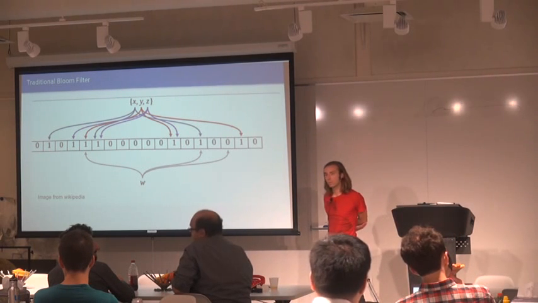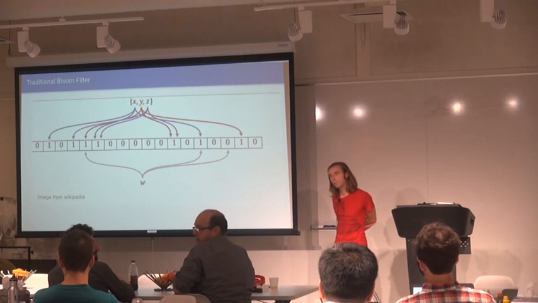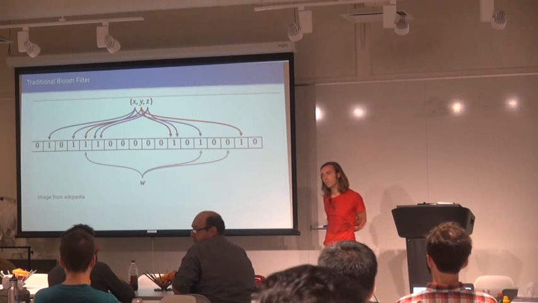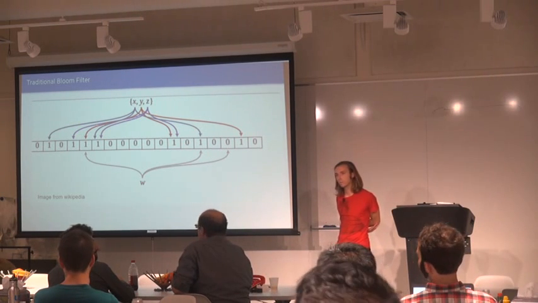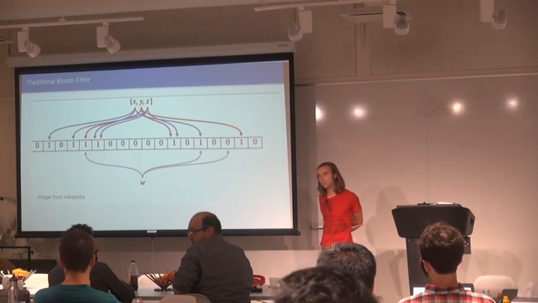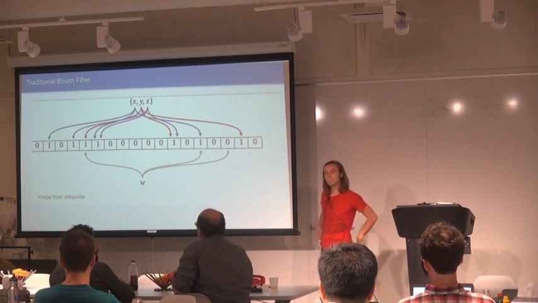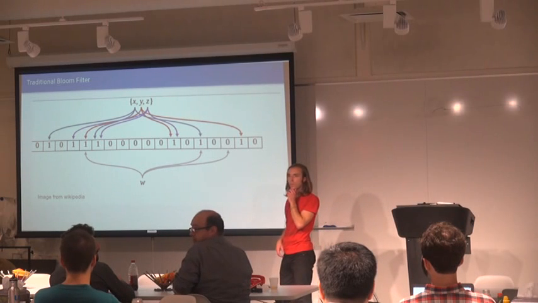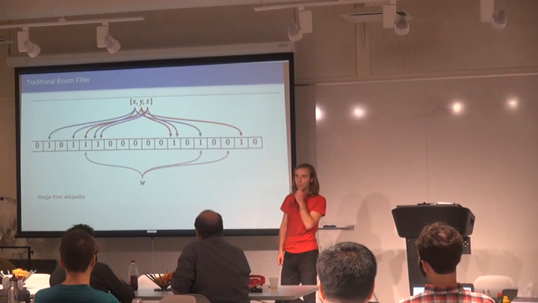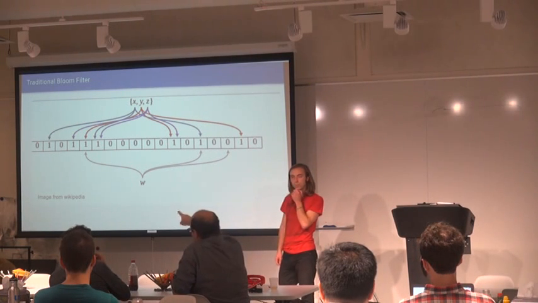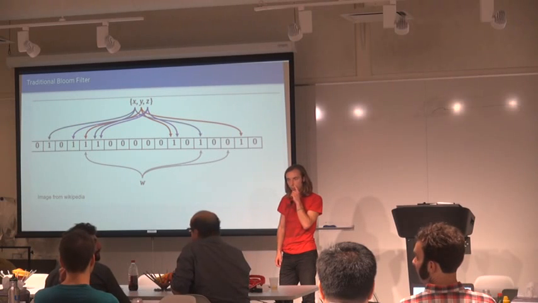If you have 3 ones, then it will be a yes, which might be a true positive, or it might be a false positive. And if there is at least 1 zero, then it's a true negative. Each arrow is a different hash function.